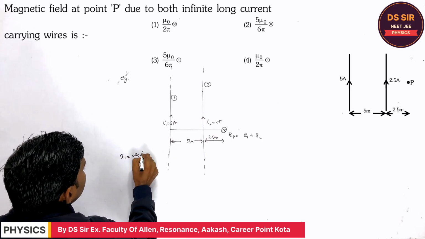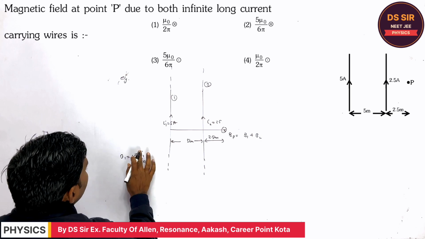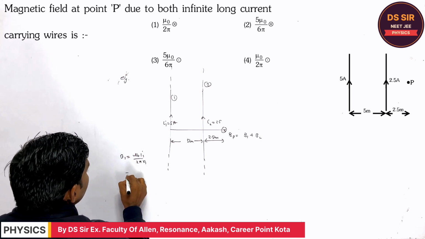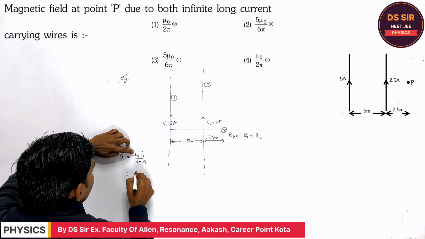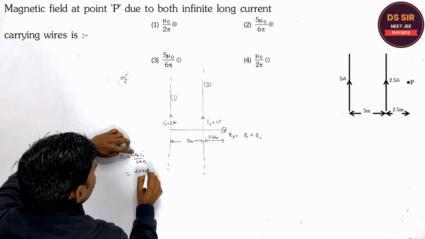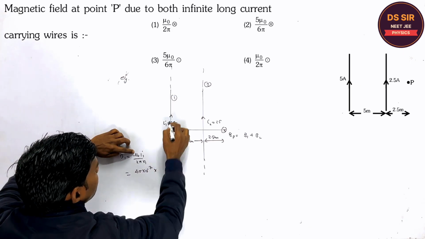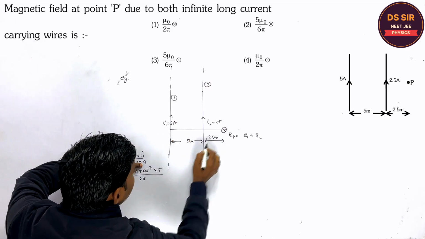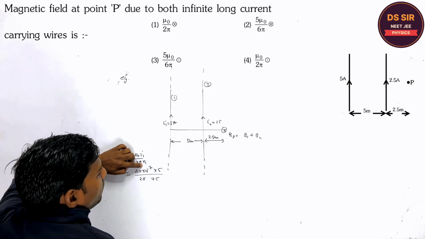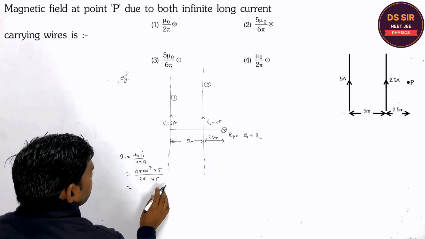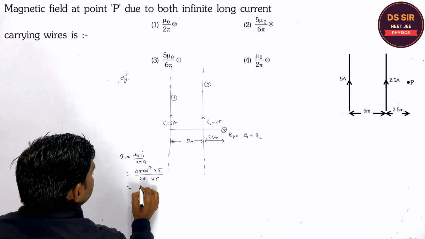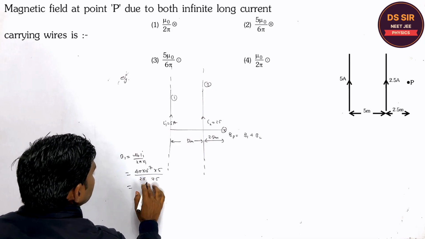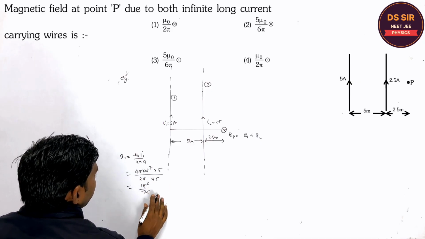Mu naught I1 upon 2 pi R1. So this equals 4 pi into 10 raised to the power minus 7, the current is 5, 2 pi as it is, and the distance R1 is 7.5. So it is 10 raised to the minus 6 upon 7.5.